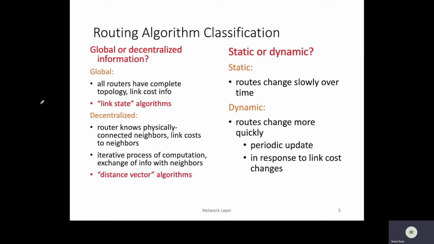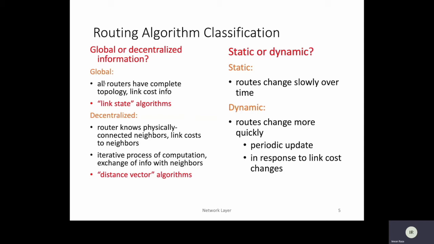So let's start with routing algorithms, and we can classify different routing algorithms into 3 different types. 2 are listed on this slide. One is global or decentralized information. So either the routing algorithms are global in nature or are decentralized. When we say global, this means all the routers have the complete topology information, right?